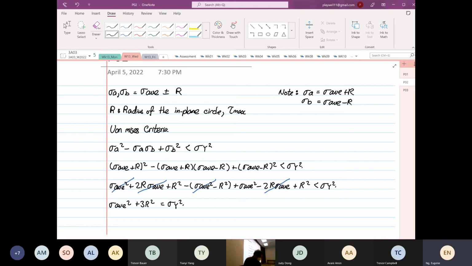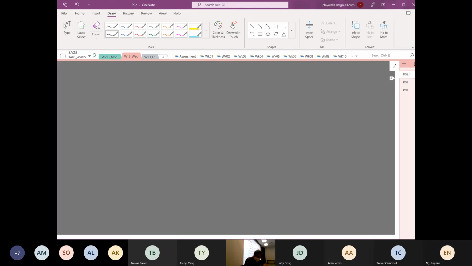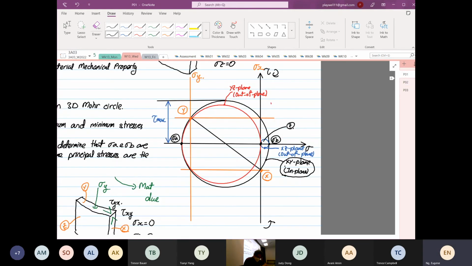So to find the radius now, we have to find what is our R. So the radius of our circle, if we were to go back to Mohr's circle, we are trying to find the average at what we have over there.